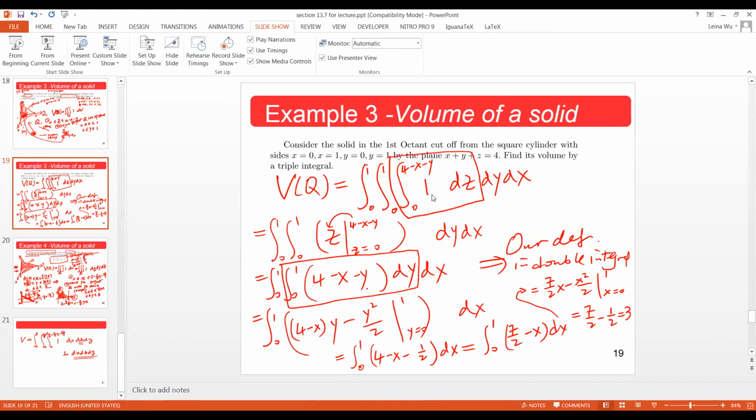So even though they are two different methods, eventually they merge into the same direction. In this case, you start from triple integral, but go down to the double integrals. That's what we previously know, right? So you can go either way, but if the question asks you specifically to evaluate the volume of the solid by using a triple integral, then you'll have to start with a triple integral. Okay, thank you.